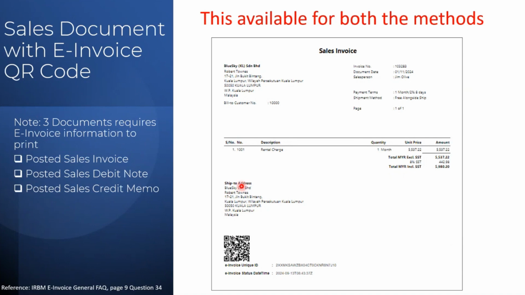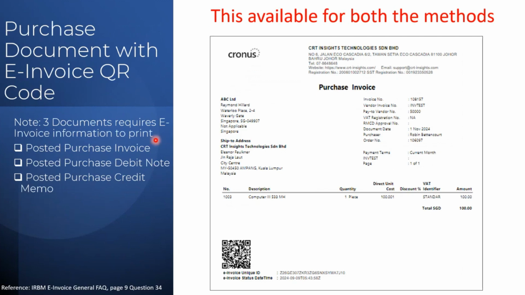But we only offer posted sales invoice, posted sales debit note, posted sales credit memo, and the same goes for the purchase side. For purchase we also only offer posted purchase invoice, posted debit note, and also posted credit memo. Okay, there are 6 reports in total.